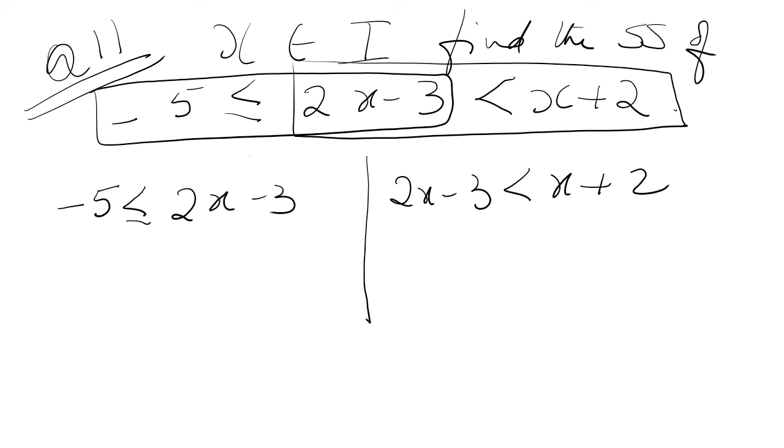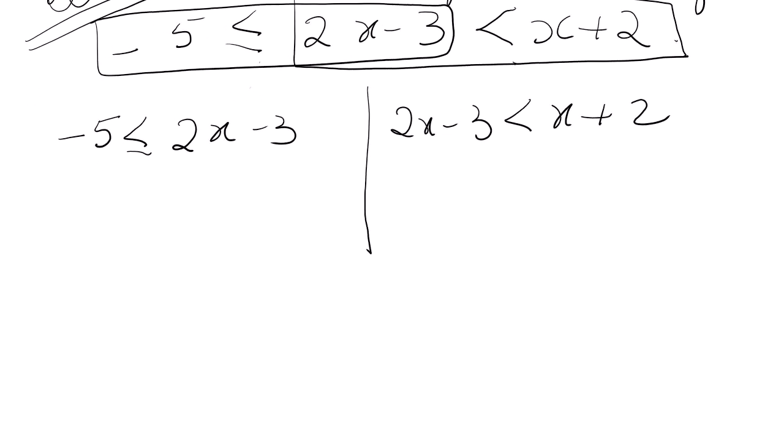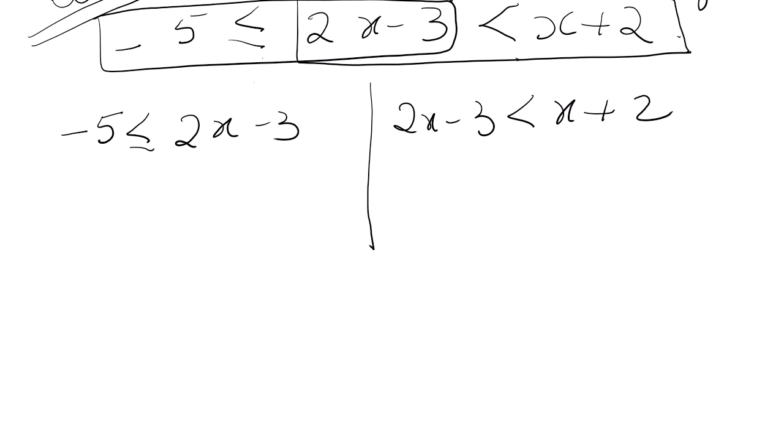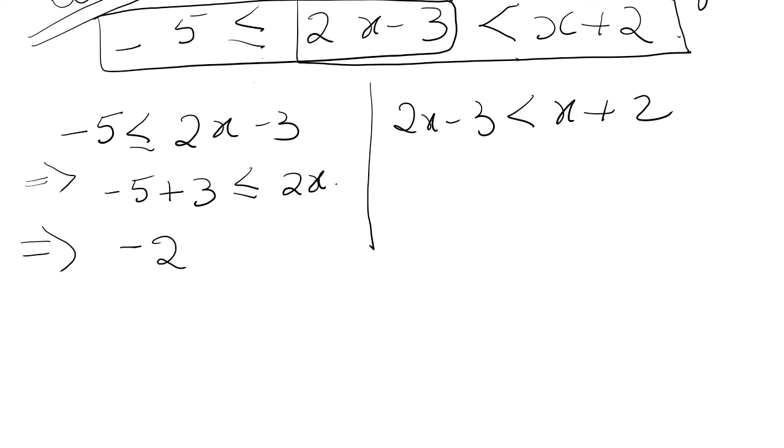Is that clear? There are two inequalities. When there are two inequalities, you have to make it into two inequations and solve it, and then club the answers. So first consider this. This implies minus 5, and minus 3 you bring this side, becomes plus 3, is less than or equal to 2x. So minus 5 plus 3 is minus 2.